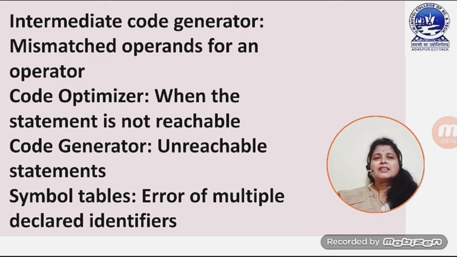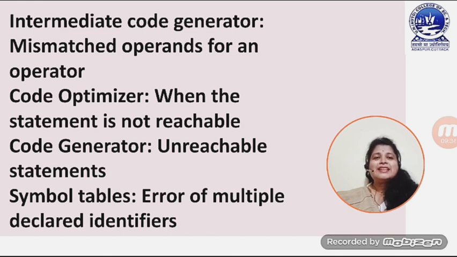Now, the intermediate code generator. In the intermediate code generator, the error handler is responsible for finding data type mismatch of operands in a particular operation. Then the code optimizer. In the code optimization phase, it tries to find all the statements which are not reachable.